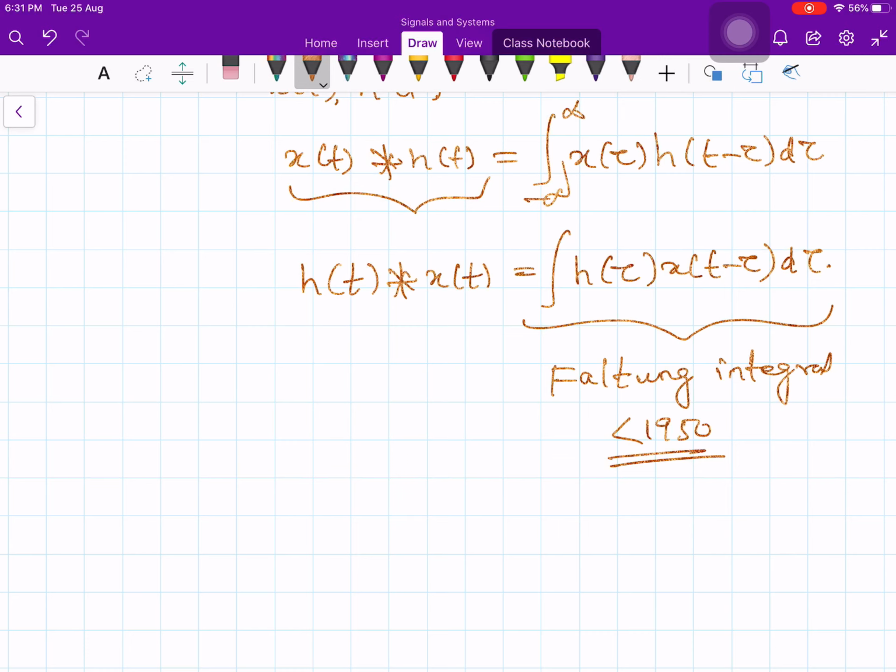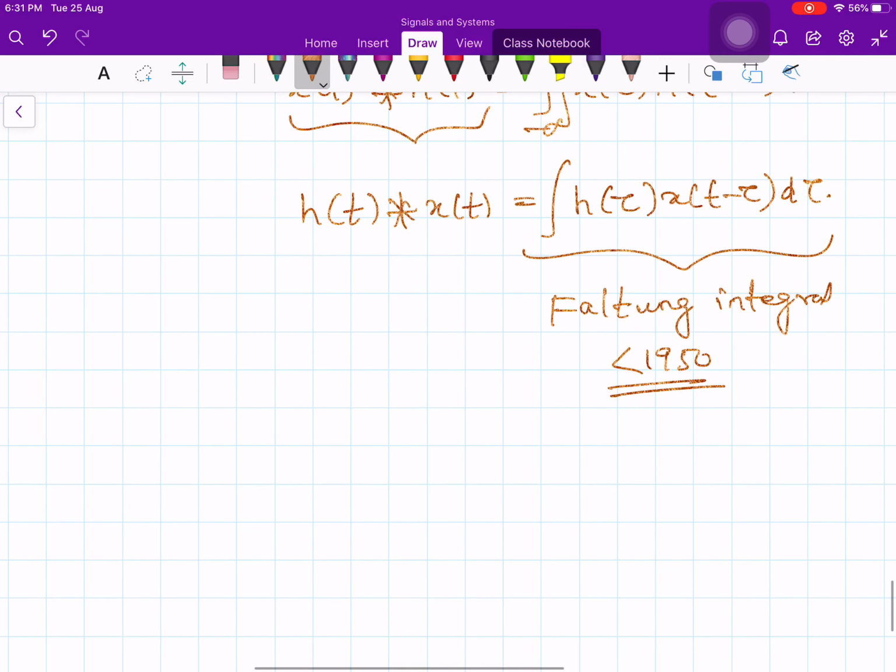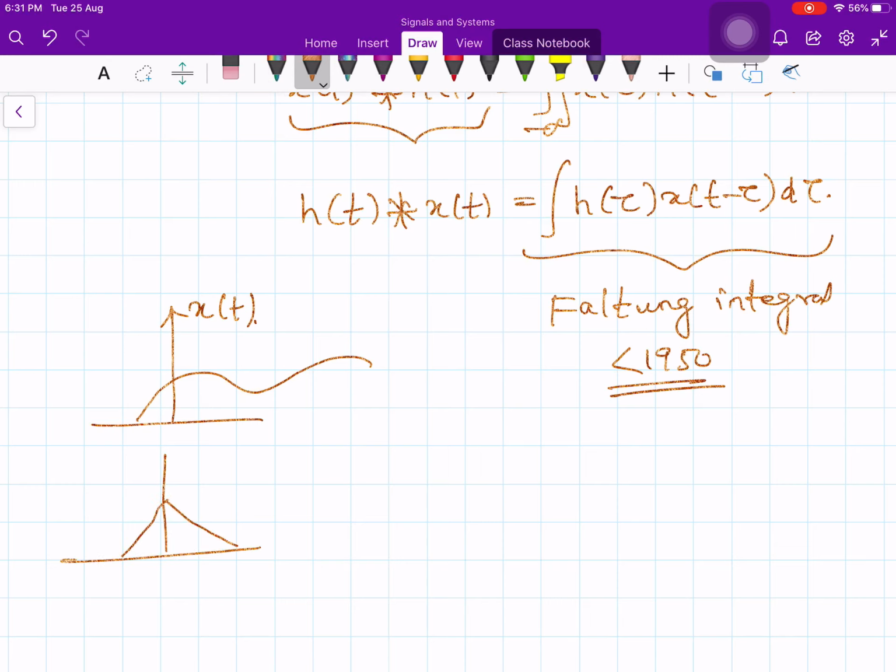Let us take it pictorially and represent this. Let us say this is some function x of t, and this is h of t. Now what you need to do is change the variable from x of t to x of tau, and from h of t to h of tau. Same shape, because we want to use a dummy variable for integration.